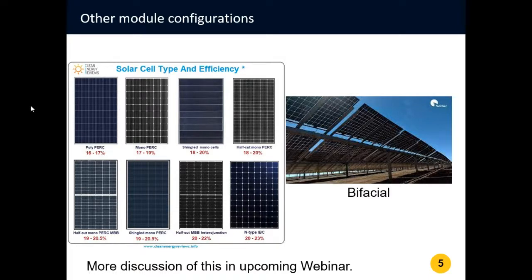Then there also are various developments happening to improve the efficiency of modules. This includes using half cells, connecting these then in parallel within the module, and then different materials. So this is quite an interesting development happening in the PV industry.